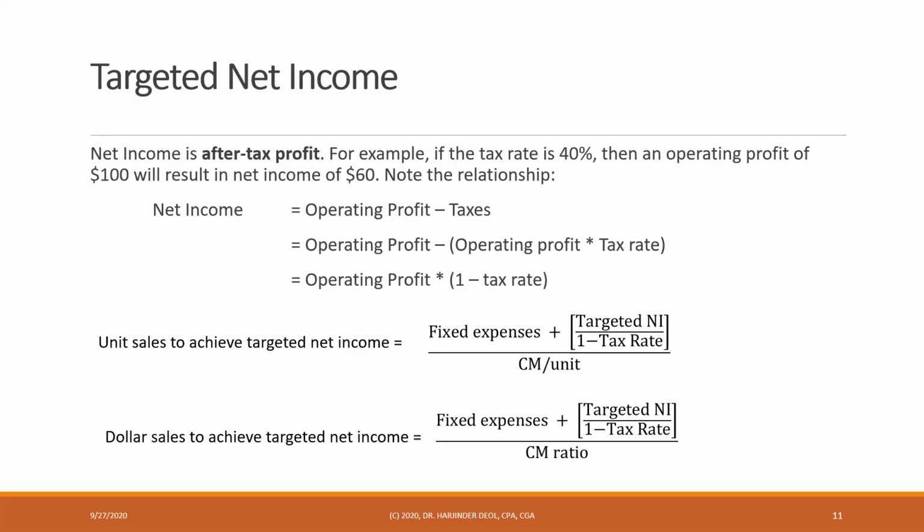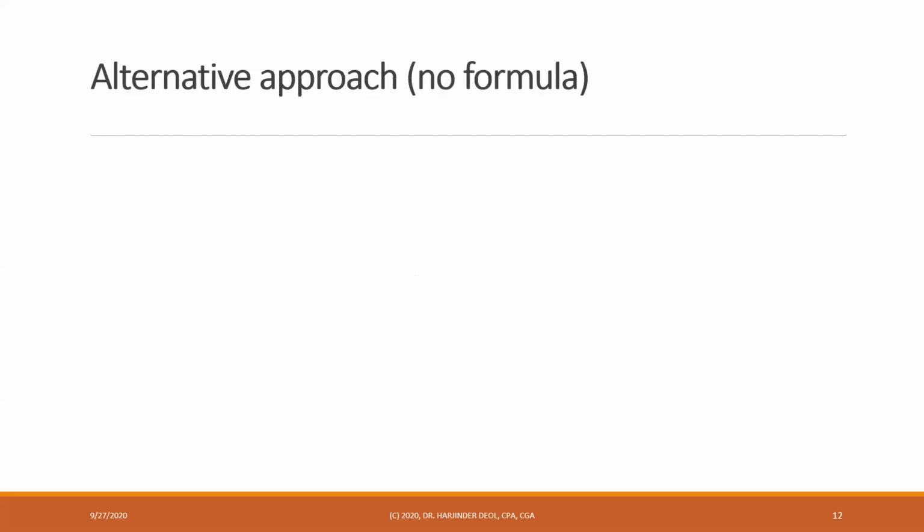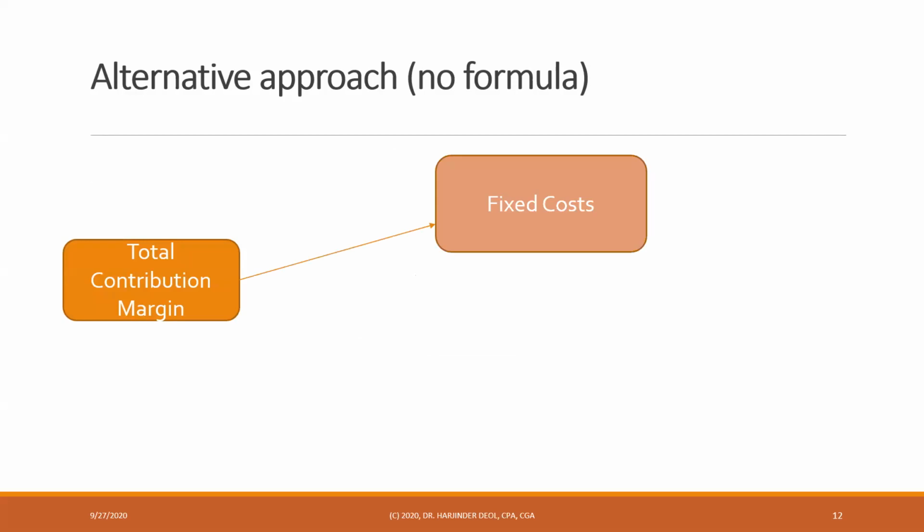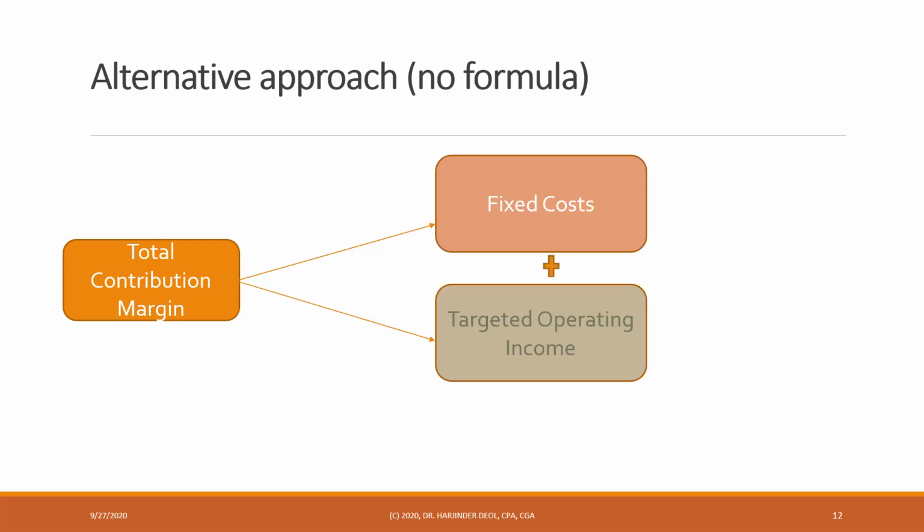So the alternative approach to that, without any formulas, is that your total contribution margin has your fixed cost. In that, we will add your targeted operating income. So fixed cost plus your targeted operating income is the total contribution margin that we need to target.